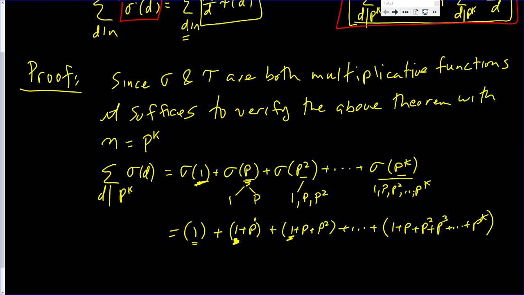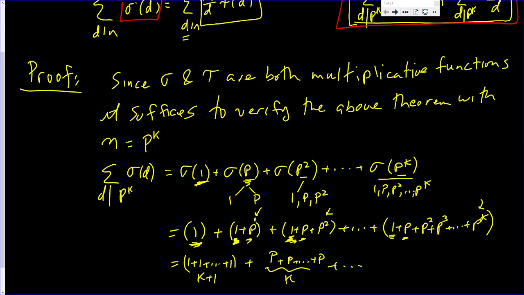There is a 1 in every term, so we have k plus 1 of them. And we have p in every term except the first, so we're going to have p k times, all the way down to p to the k, which only appears one time.